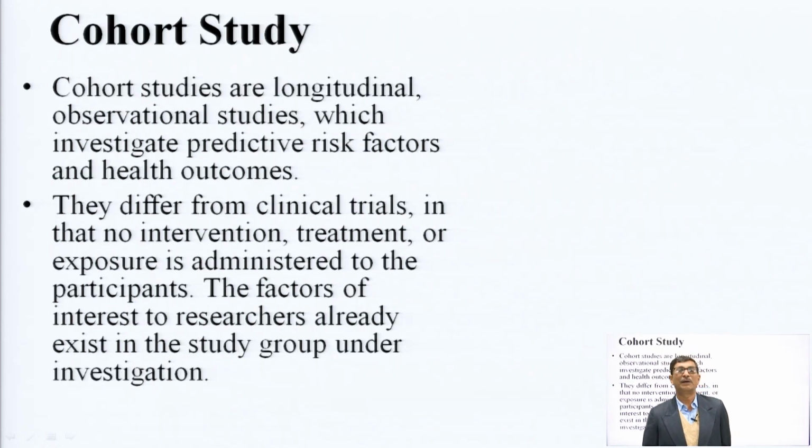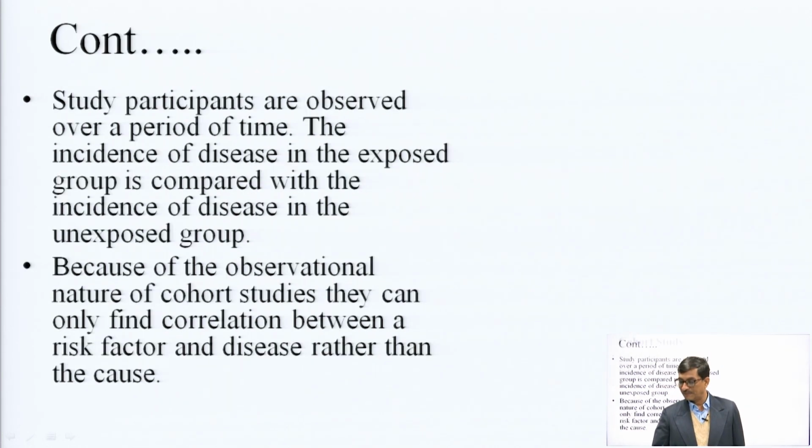Cohort is another type of study, a longitudinal observational study which investigates predictive risk factors and health outcomes. They differ from clinical trials in that no intervention, treatment or exposure is administered to the participant. The factors of interest to the researcher already exist in the study group under investigation.